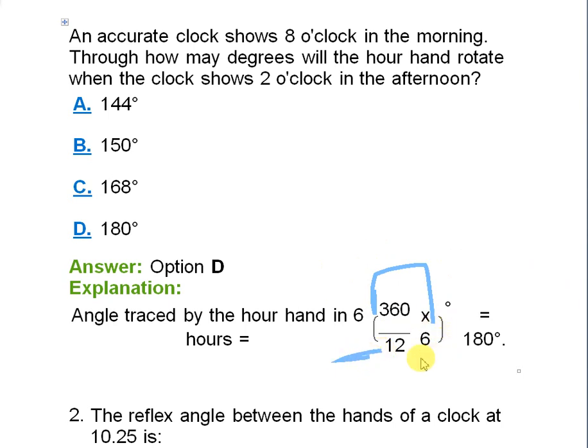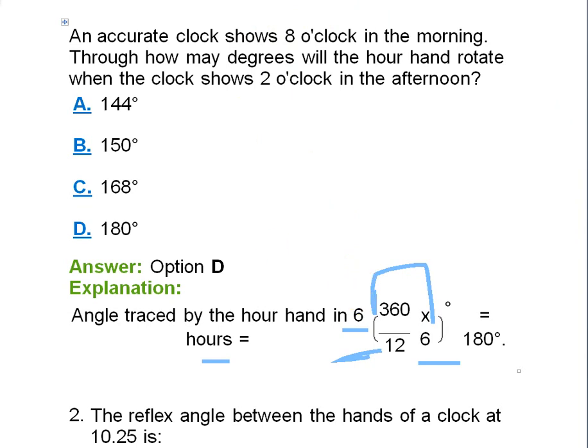Because we talk about 6 hours here, we multiply with 6, and that's how 180 degrees came. Now, according to the question, from 8 to 2 o'clock there are 6 hours, and that is why this 6 came here. So I hope you are clear with the question.